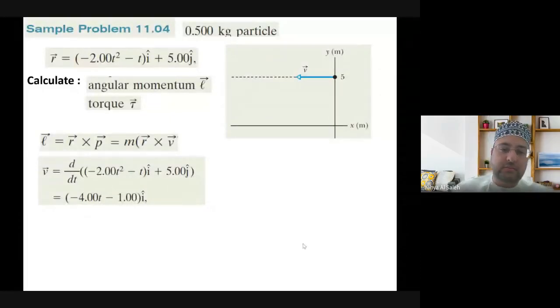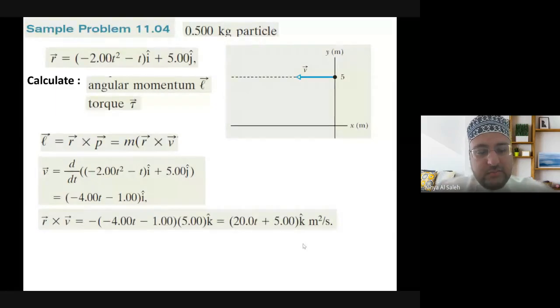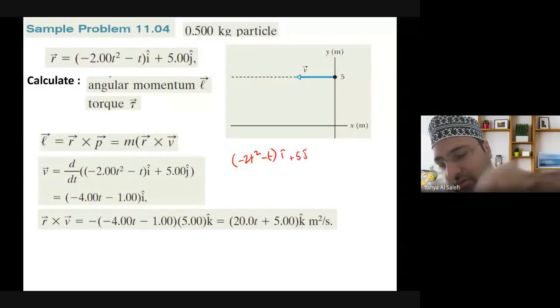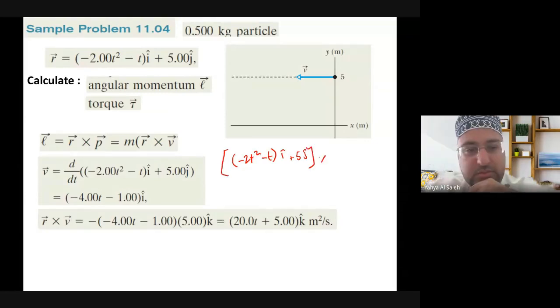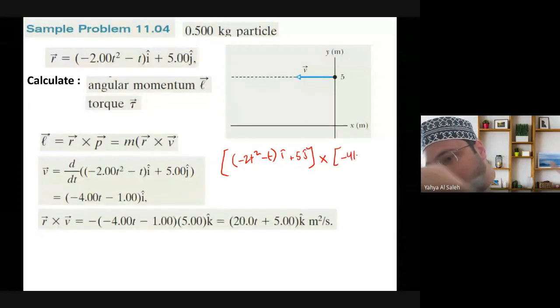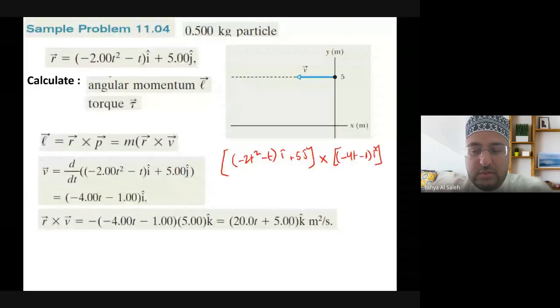We put that back in. We get minus 2t squared minus t in the i direction plus 5 in the j direction, cross minus 4t minus 1 in the i direction. i cross i is 0. 5j cross minus 4t minus 1 i, we get, what's j cross i?